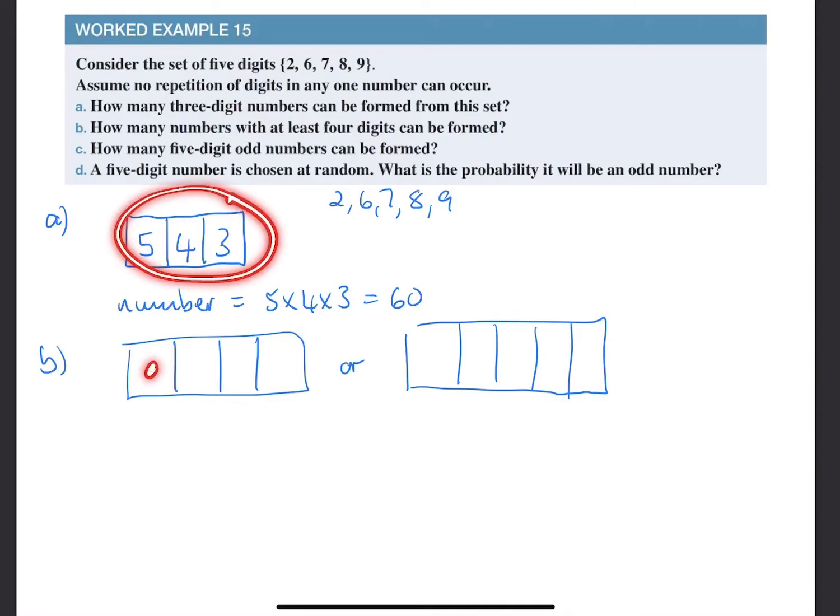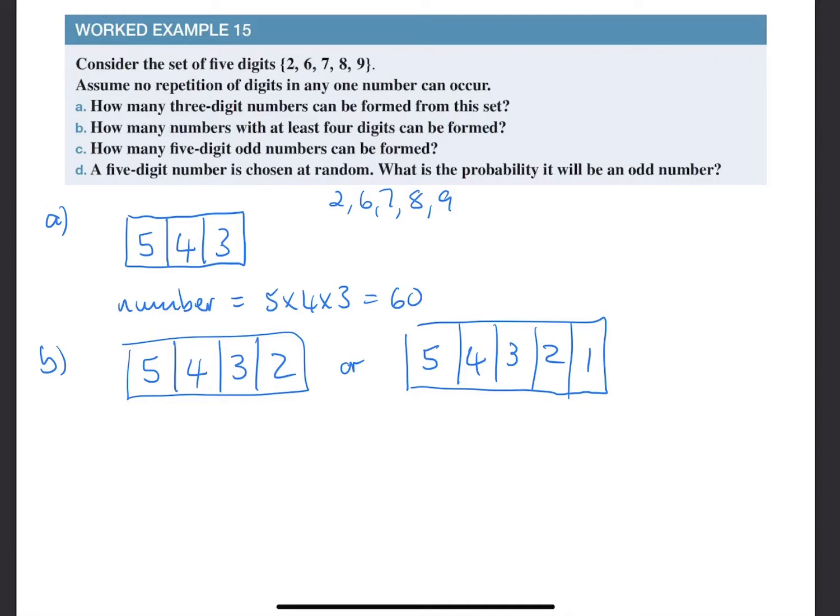For the first number in a 4-digit number, I have a choice of 5. The second number can be any one of 4 because I'm already using one of the 5. And you can see that it will be 1 less available each time. When it comes to 5-digit numbers, it's the same thing: 5 there, 4 there, 3 there, 2 there, 1 there.